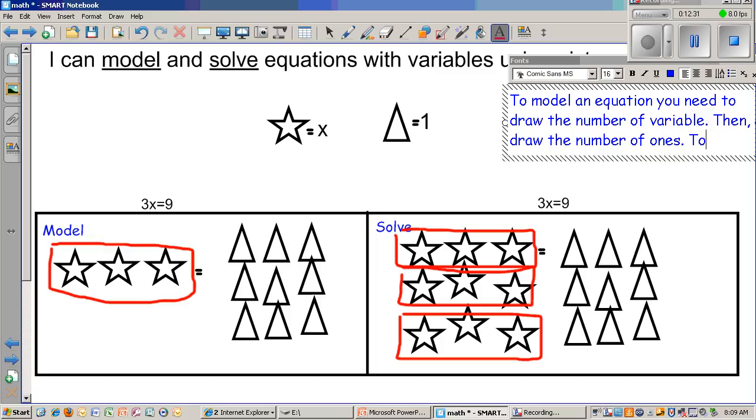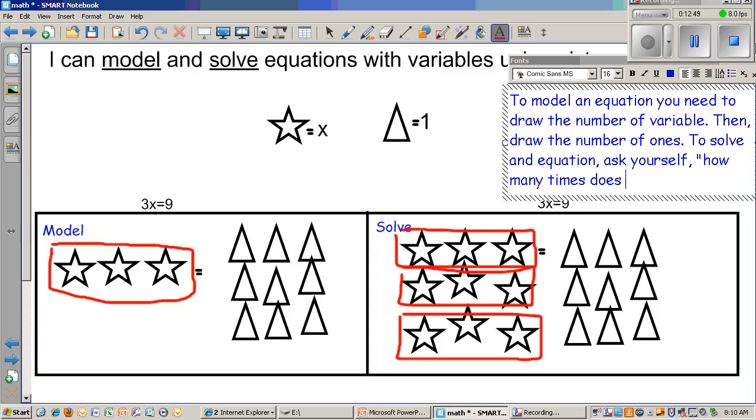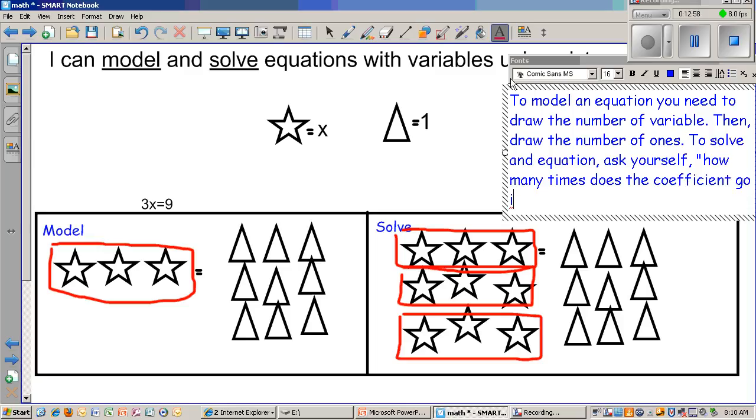To solve an equation, ask yourself, I don't put this in quotations, how many times does the coefficient go into the variable?